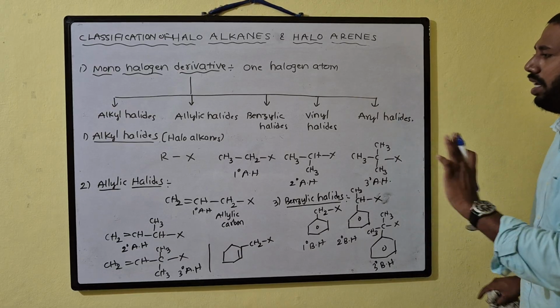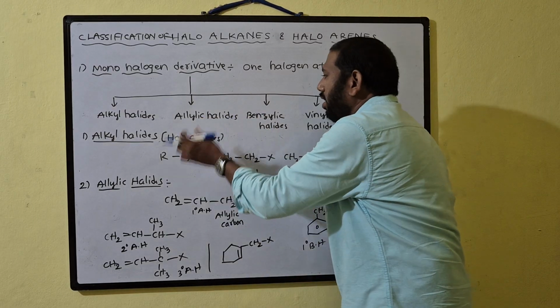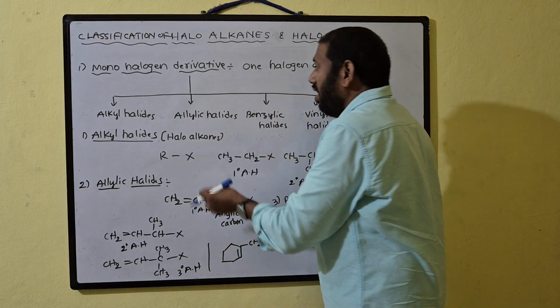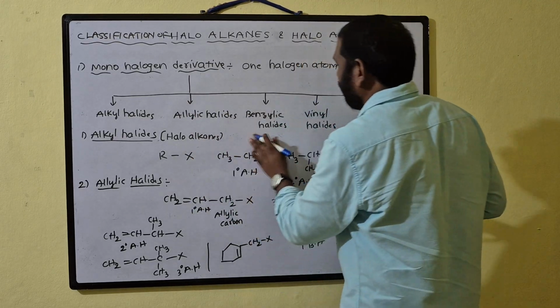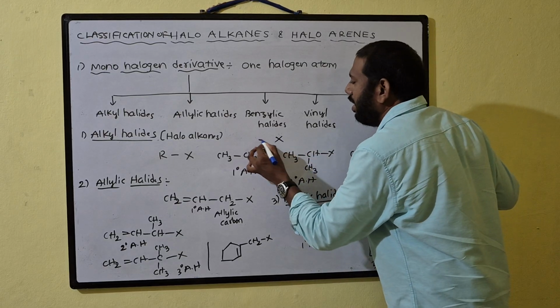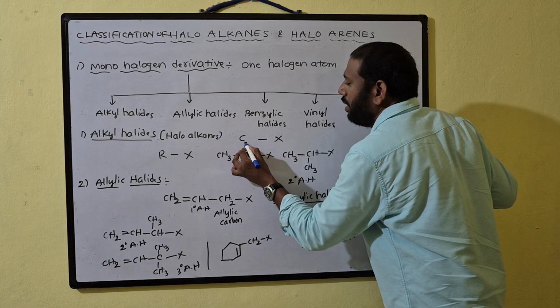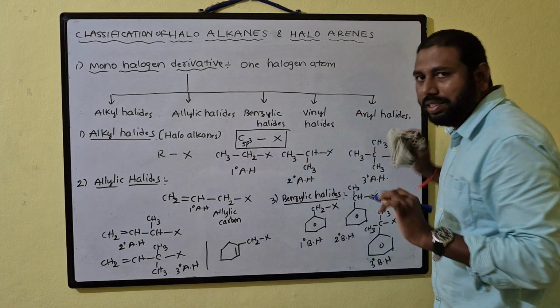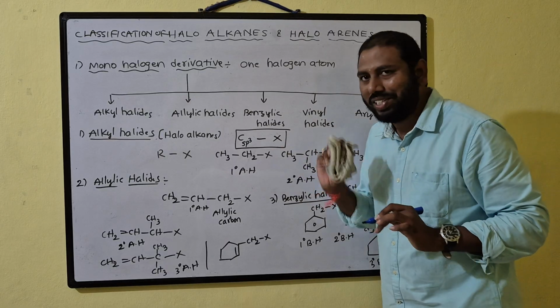Right. In this way we can classify alkyl halides, allylic halides, benzylic halides. So it is an important point: in alkyl halides, allylic halides and benzylic halides, halogen is directly attached to an sp3 hybridized carbon. It is one of the PYQs.